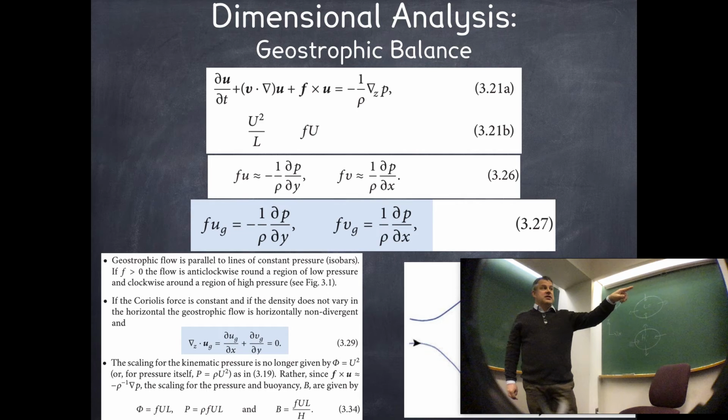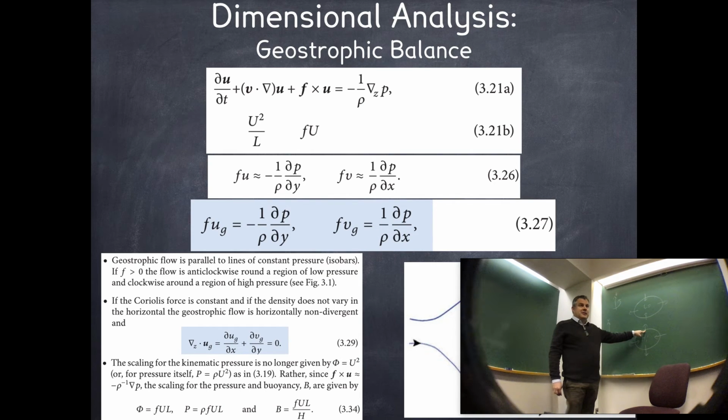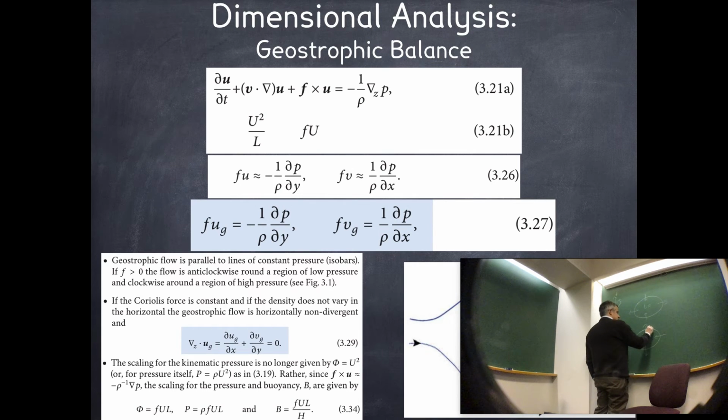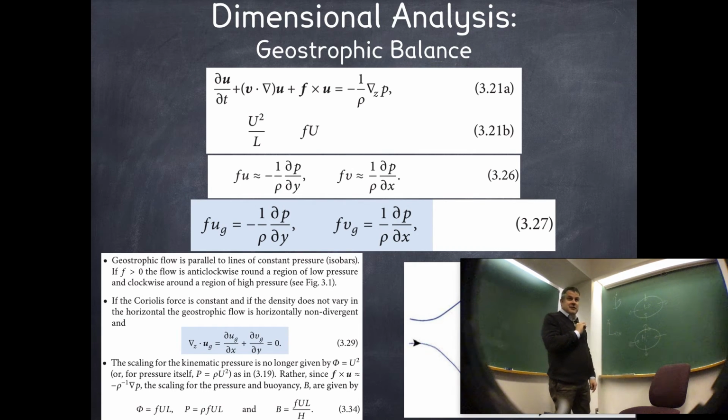Careful. It's u, not v. To the right. dp dy is this way, minus dp dy is this way, which is a positive number. So f u_g should be positive.